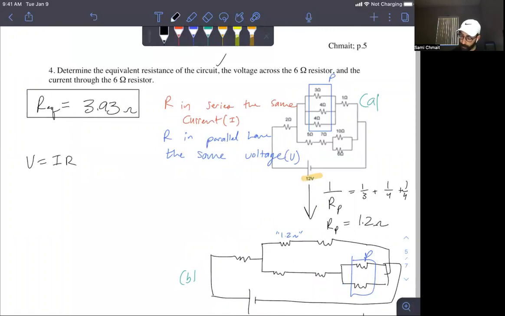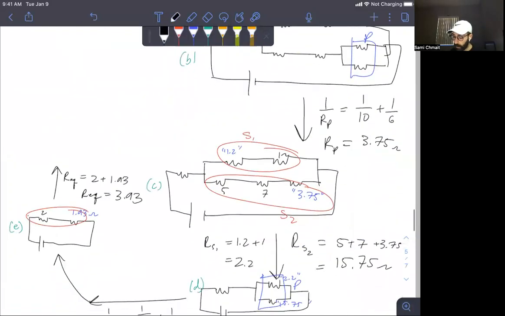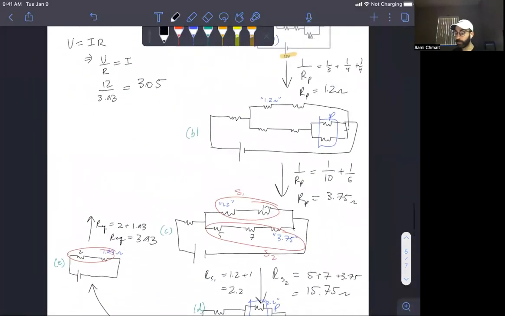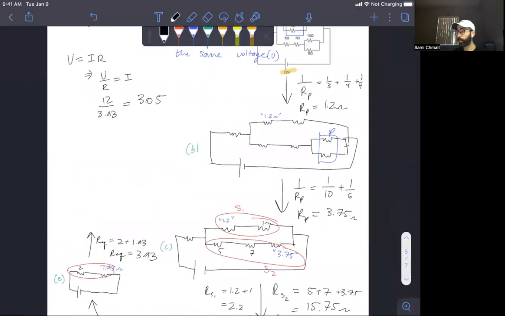So we want to find the current, so we can rearrange this to V over R is equal to I. We can say 12 over 3.93, and that's equal to 3.05. So therefore, the current through that 1.93 resistor and that 2 ohm resistor is both equal to 3.05, right? And because they're in series, they have the same current.